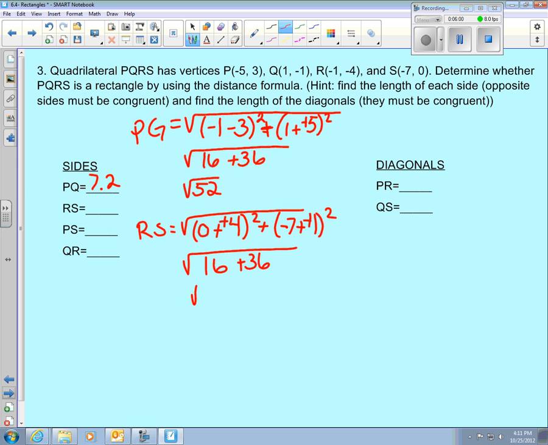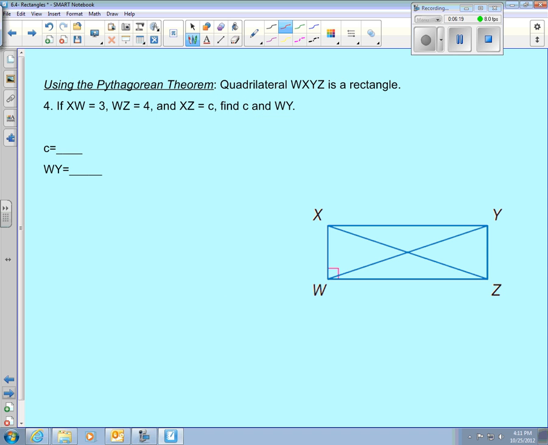If I add those, I get square root of 52. And we already know square root of 52 is 7.2. All right, go ahead and finish finding the other two sides and the diagonals. We've already got a good start, and 2 of the sides are equal, or congruent, so that's a good sign for us. So go ahead and finish that up for tomorrow.